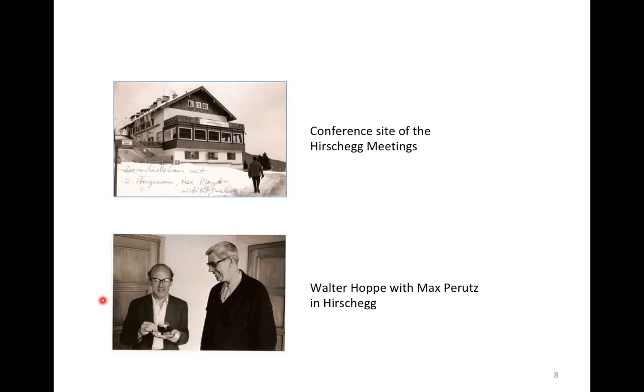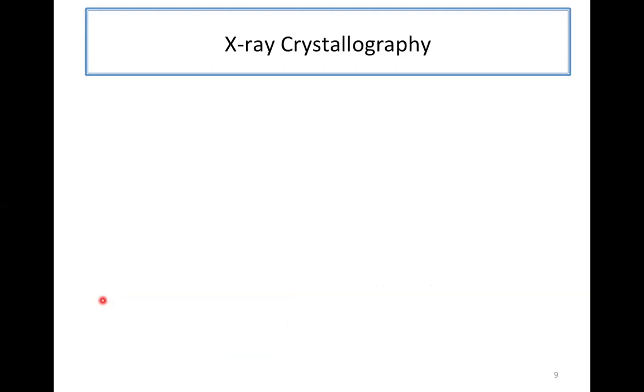Both interacted because Walter Hoppe was an X-ray crystallographer initially, who developed later on an interest in electron microscopy. He co-organized these meetings and workshops together with Max Perutz, which started initially as workshops in protein crystallography and then became all-embracing and embraced the people in electron microscopy.